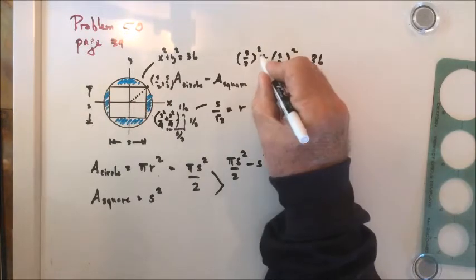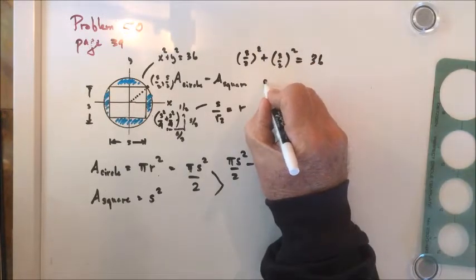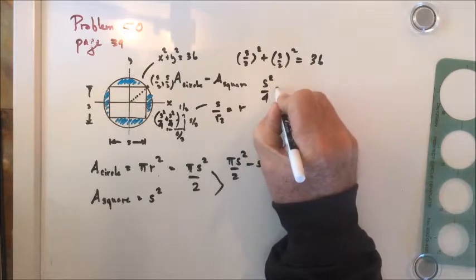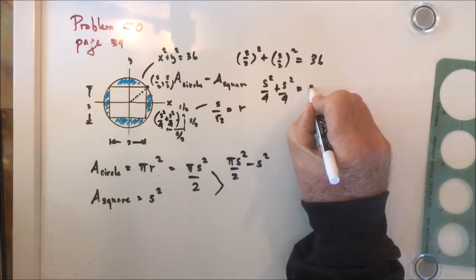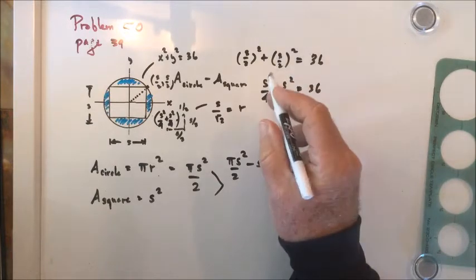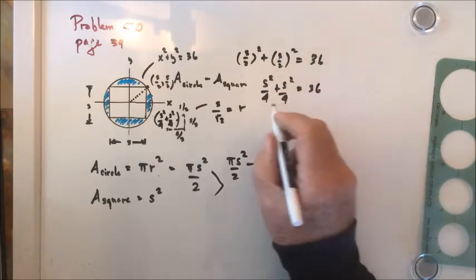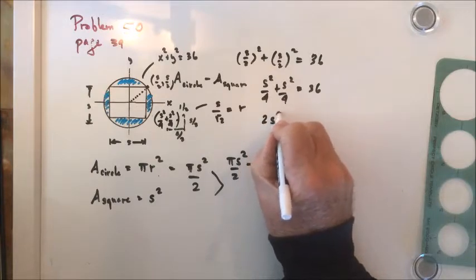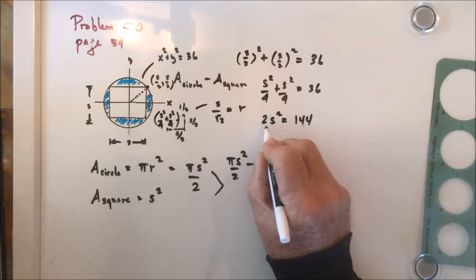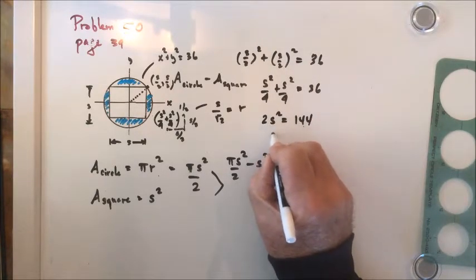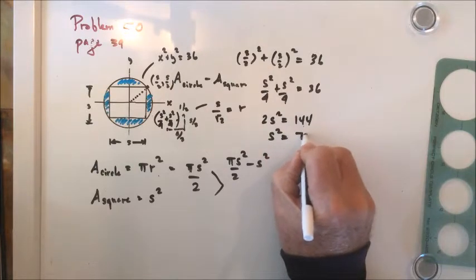And as I work that out, I'll get S squared over 4 plus S squared over 4 is equal to 36. And multiplying through by 4, I'll get 2S squared is equal to 36 times 4, which is 144. And then I'm going to divide by 2 and get S squared is equal to 72.